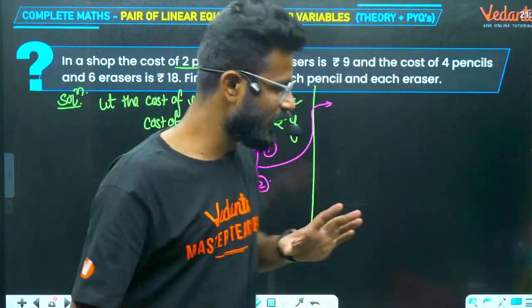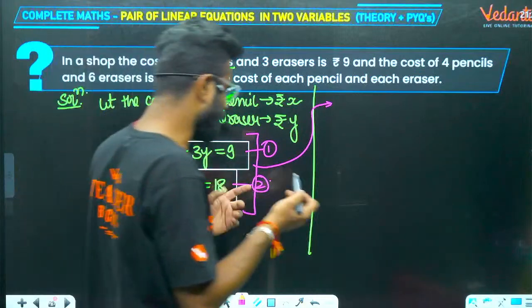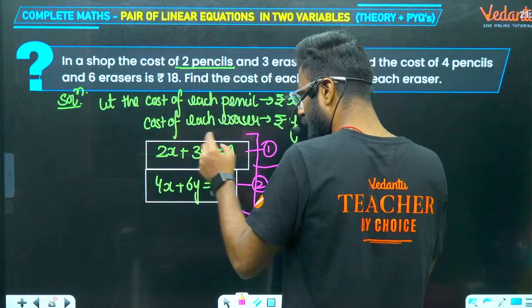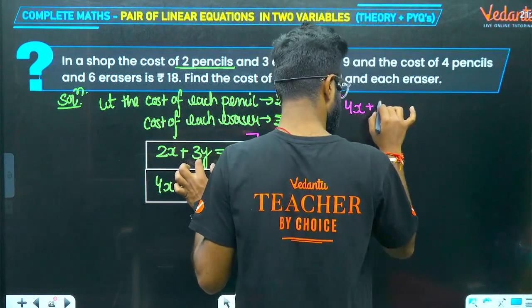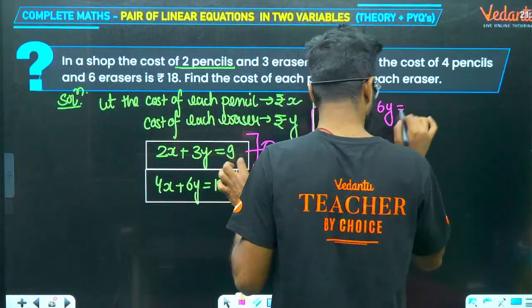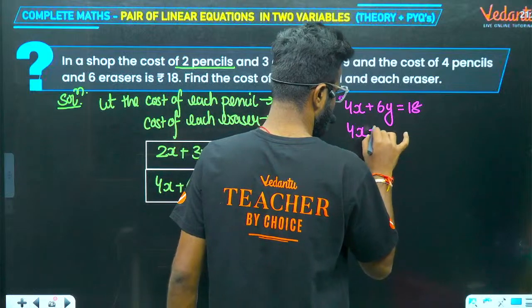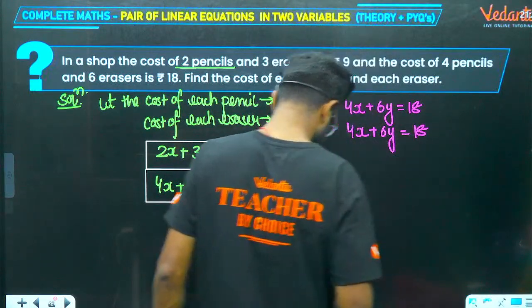Like in the first equation, if we multiply the whole equation by 2, what do we get? We get 4x plus 6y is equal to 18. And here 4x plus 6y is equal to 18.